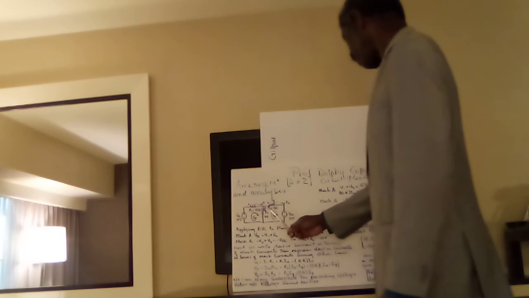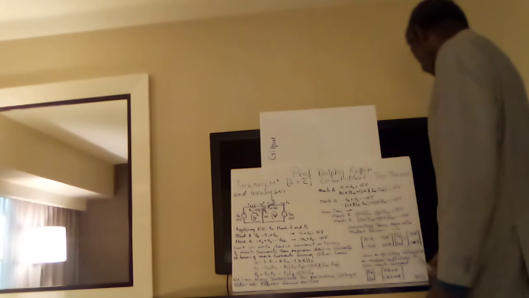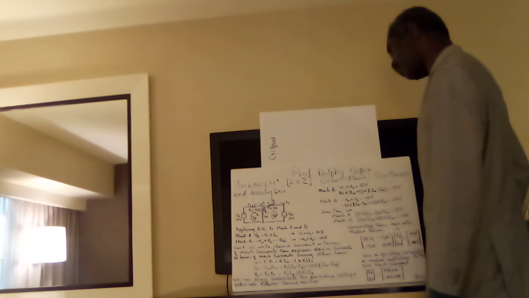Now R21 is minus 5K, 2 and 1, minus 5K, and R22 is equal to 10K. And this is now times the currents IA and IB, and this is equal to 15 volts and minus 10 volts.